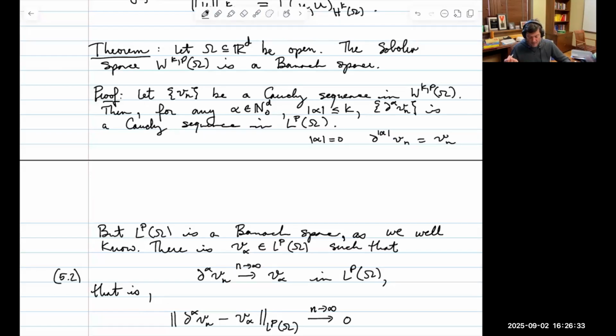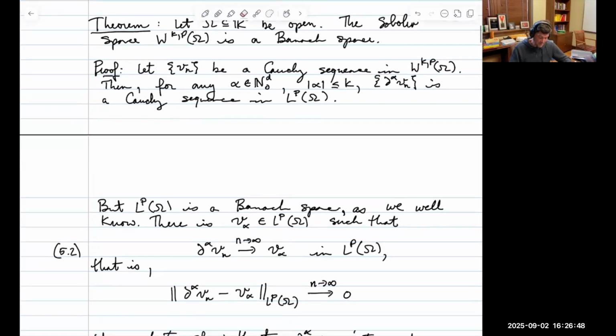So the function and all of its derivatives up to and including the order k derivatives, I'm saying are Cauchy sequences. So the function itself and all of its partials.